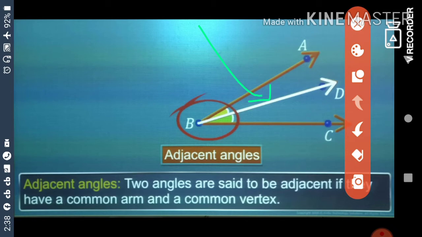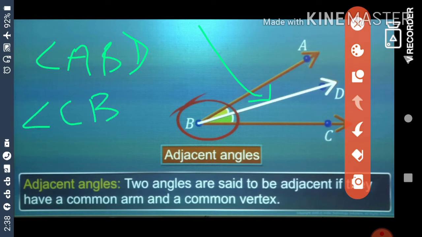ABD angle, this is the yellow one, and CBD angle, this is the green one. These two angles will be called what? Angle ABD and angle CBD. These both angles will be called adjacent angles, because they are having one common arm. Just check.